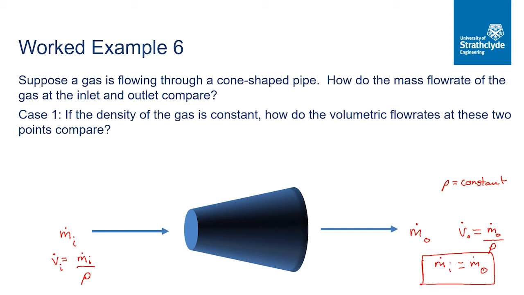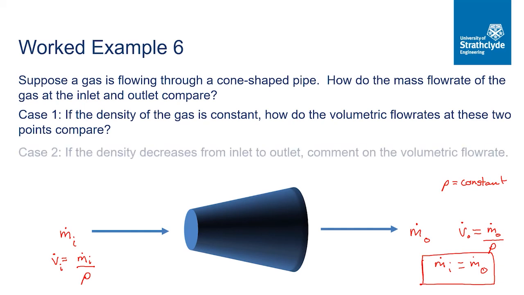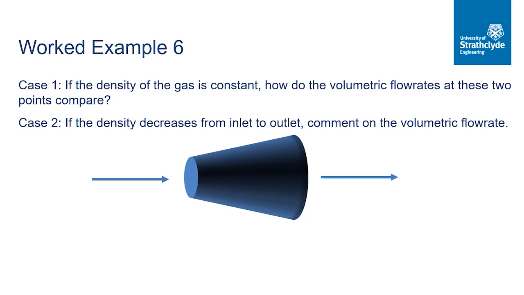We're also asked to consider a second case. What if the density decreases from the inlet to the outlet? Now comment on the volumetric flow rate. Well, what we'll consider here is that, again, the mass flow rate in will be equal to the mass flow rate out.